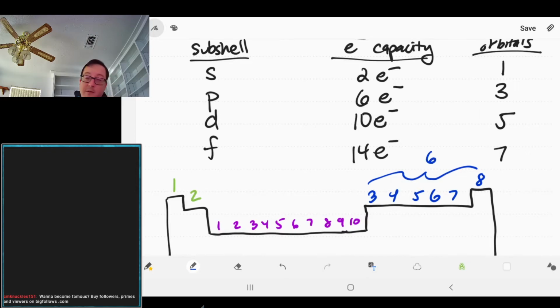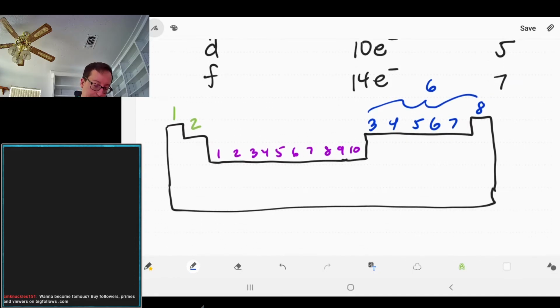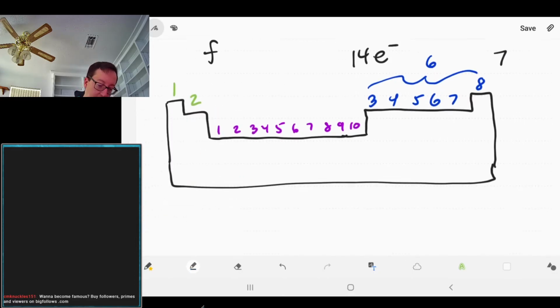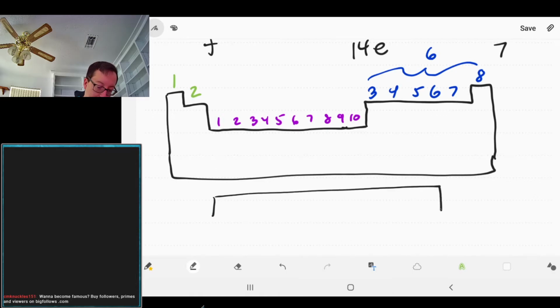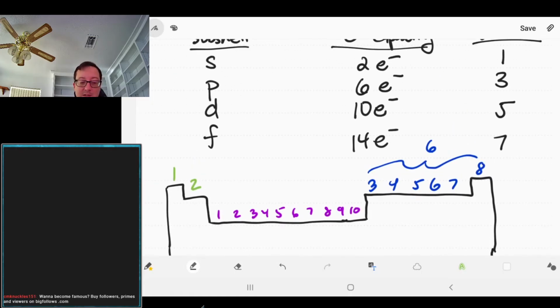We have 2 columns with the green numbers, 10 columns with the purple, 6 columns with the blue. And while I didn't write it out here, notice we have 14 columns in the thing down there. So notice those numbers all correspond with the capacity of each orbital subshell.